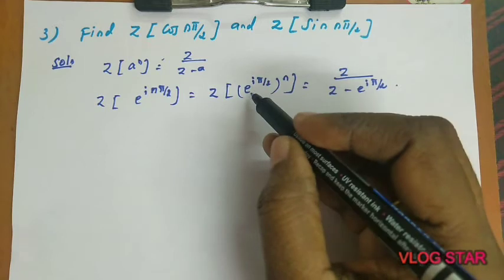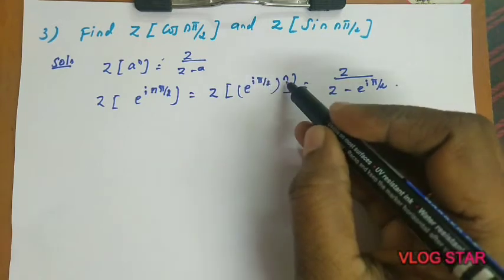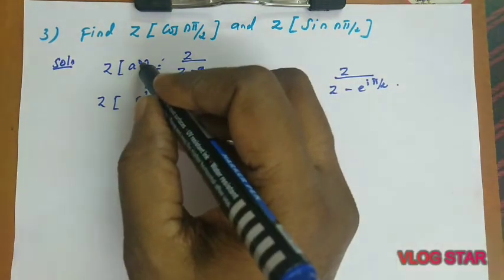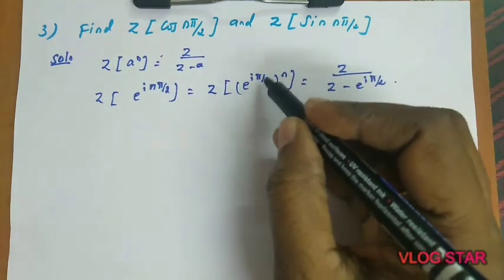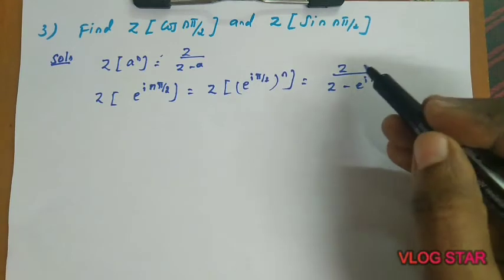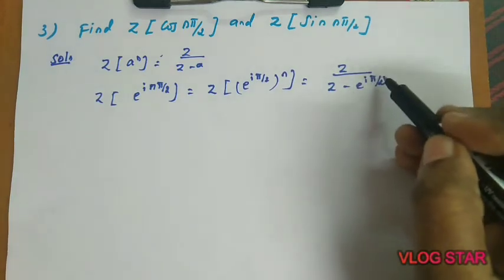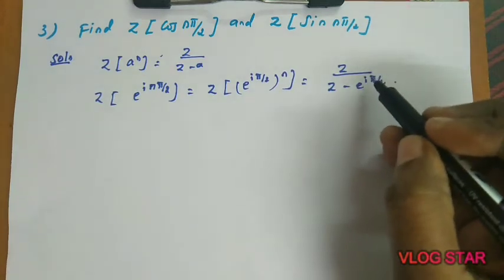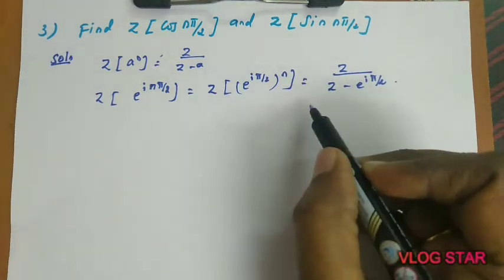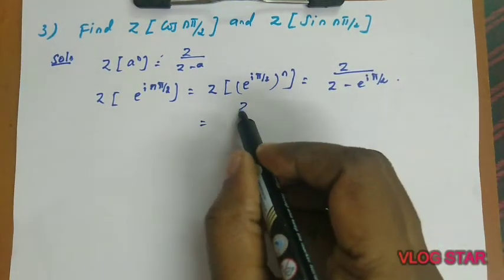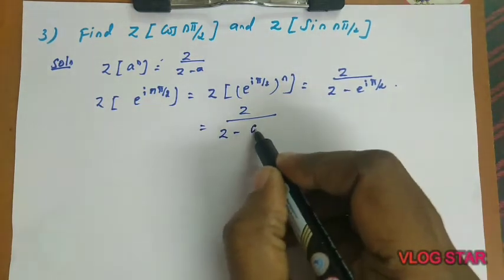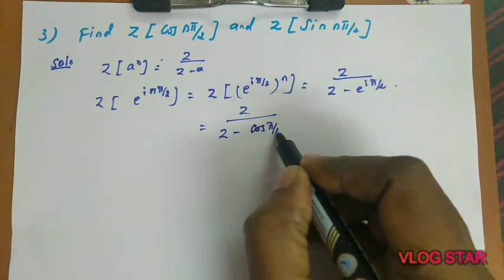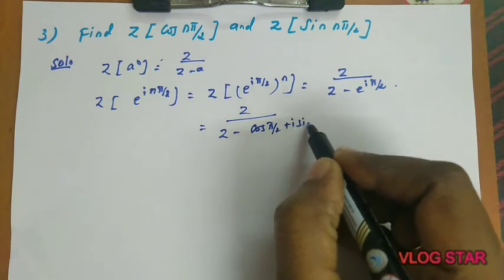This can be written as (e power i pi by 2) whole power n. Now this is of the form z of a power n, and the result is z by z minus a. In the place of a we have e power i pi by 2, so z by z minus e power i pi by 2. Now we simplify this: e power i pi by 2 is cos pi by 2 plus i sin pi by 2.